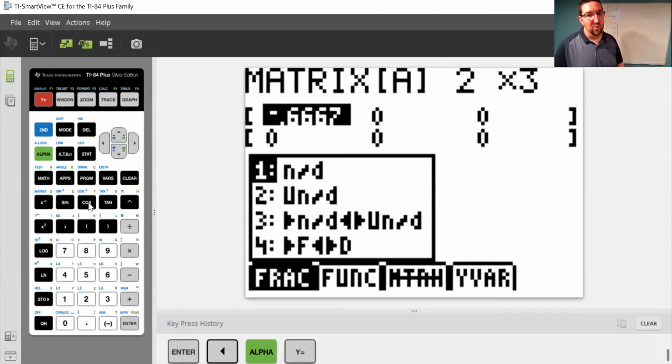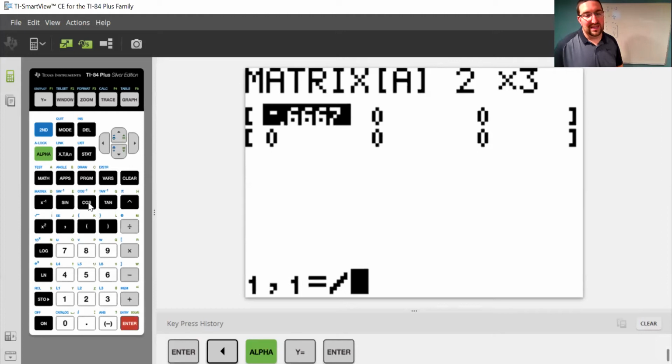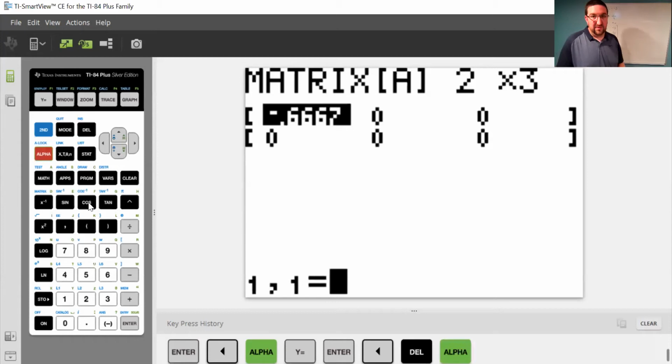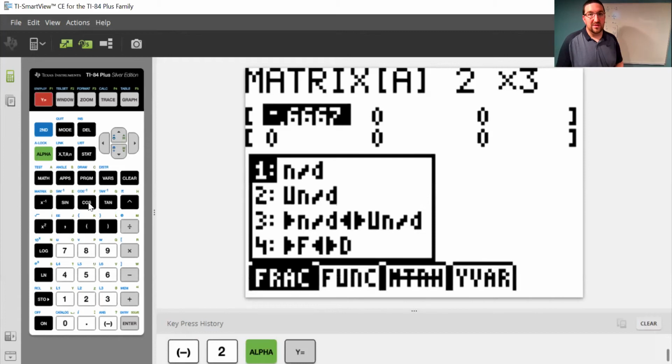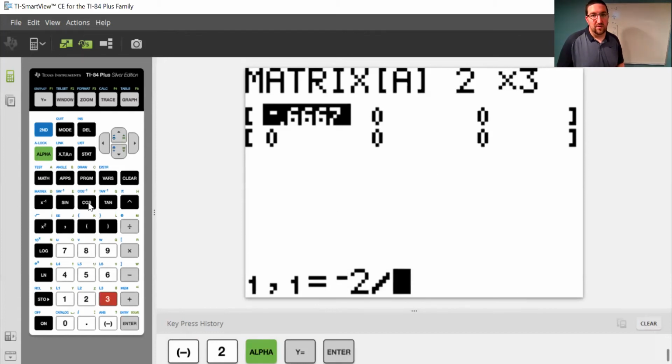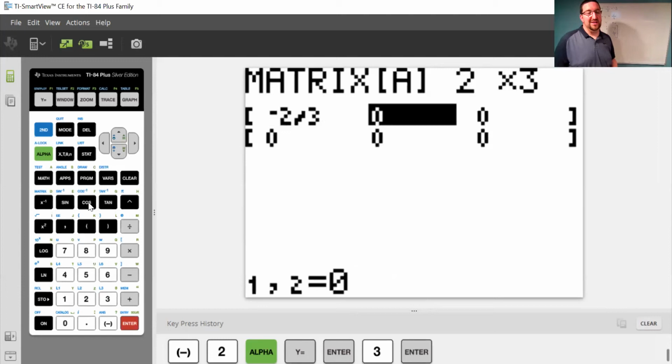So if I choose option number 1, n over d would be numerator over denominator. Let's see if I do it this way, -2 alpha y equals 3. There you go. All right, so you have to use that as the fraction bar on an 84.